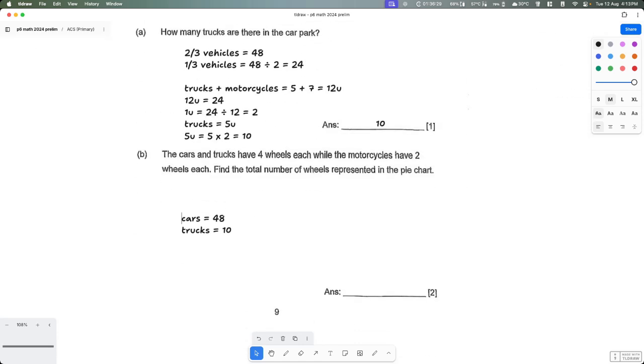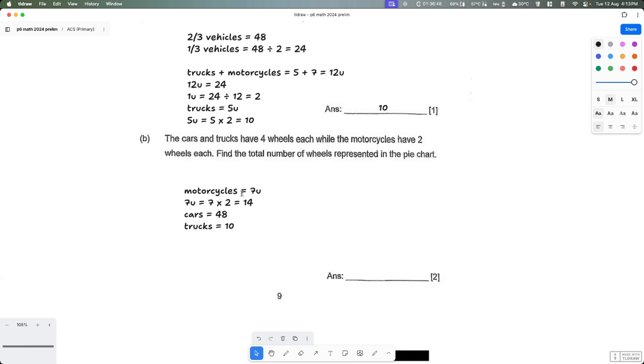So 7 units is equal to 7 times 2, equal to 14. So now we know that motorcycles is 14.